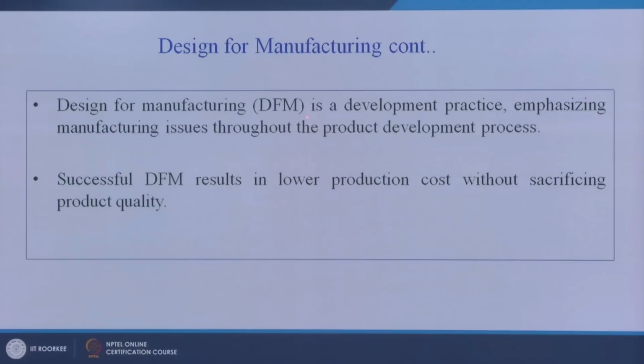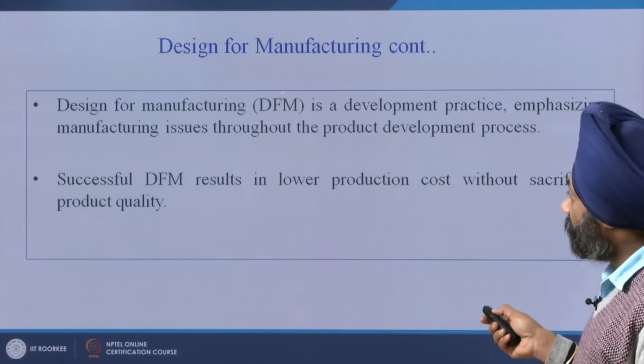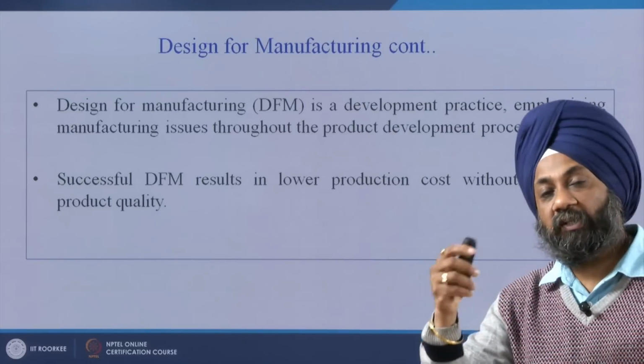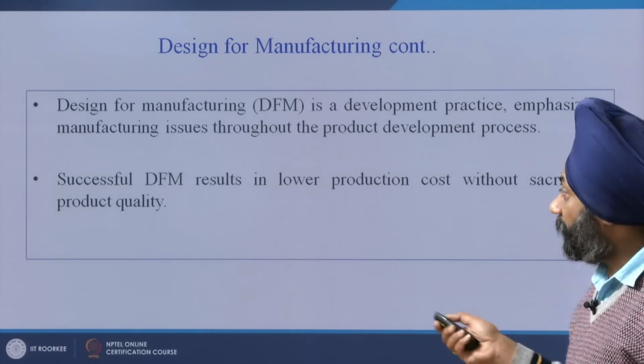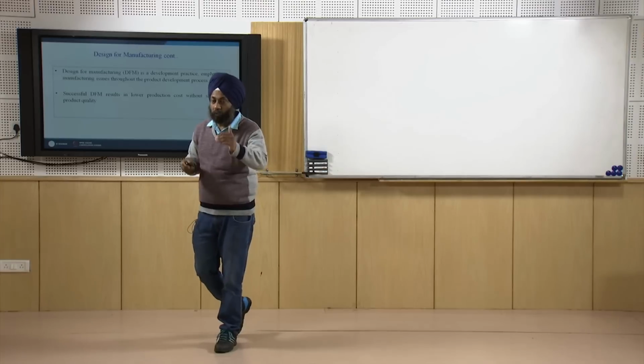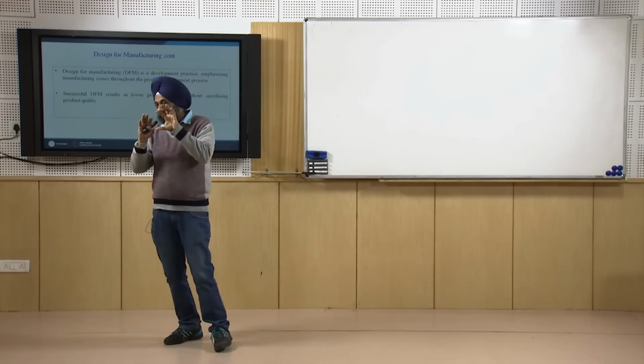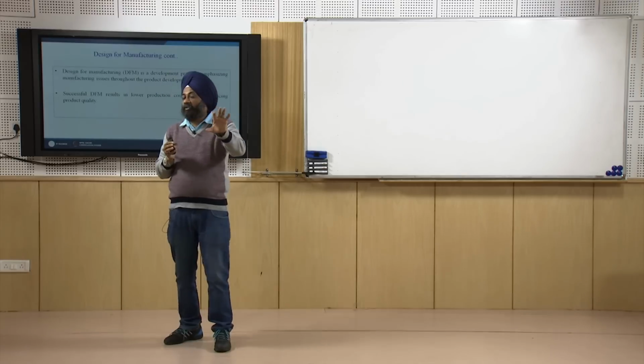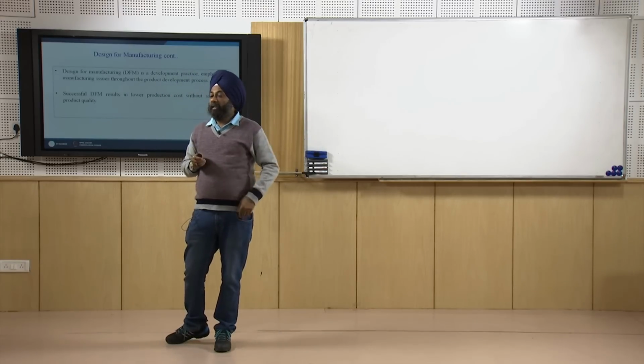Now design for manufacturing is a development practice emphasizing manufacturing issues throughout the product development process. Usually this happens at the manufacturing stage only, but here you can see from this sentence, emphasizing the manufacturing issues throughout the product development process, that is at the design stage also we are thinking about how this design will be manufactured when it goes to the manufacturing facility.